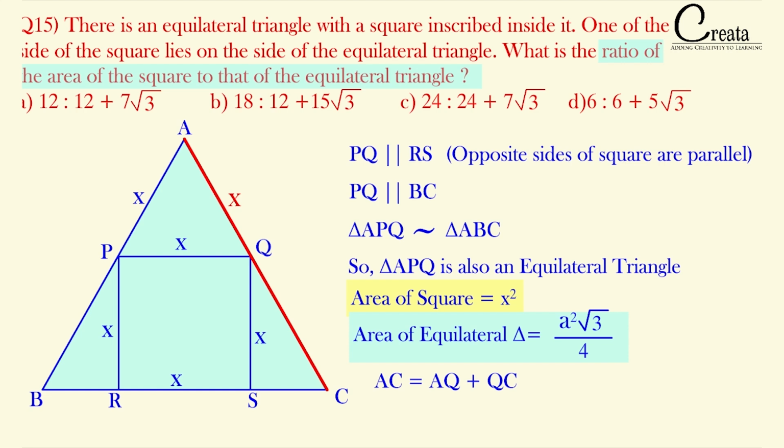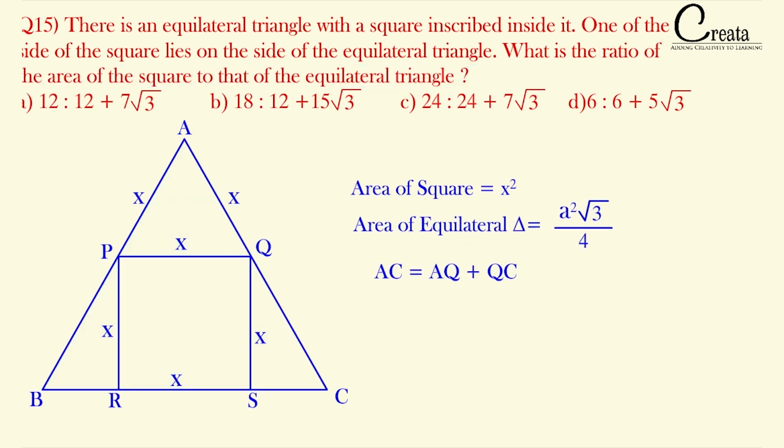So somehow we have to convert the a into the x. Here a is the side of the triangle, and we have taken the side a as AC, that is this side, and we have taken AC as AQ and QC, and AQ we have calculated as x, and only now we have to calculate QC in terms of x, so that our area of the triangle is converted into the x term. Are you getting the fundamental why we are proceeding in this way?